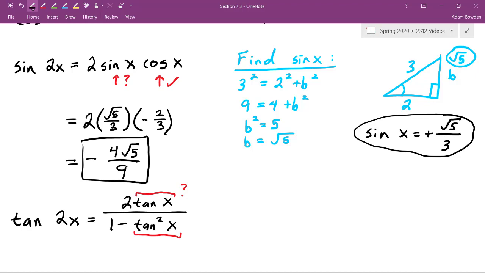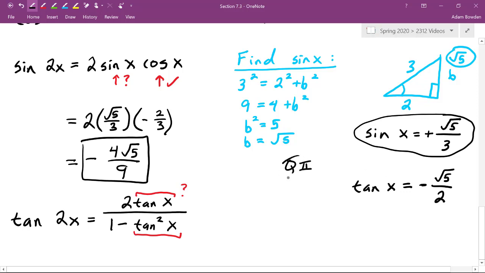We can get that information from the same triangle we have over here. Tan x would be opposite, square root 5, over adjacent 2. I will make this into a negative since we are dealing again with quadrant 2, and tangent is negative in quadrant 2.